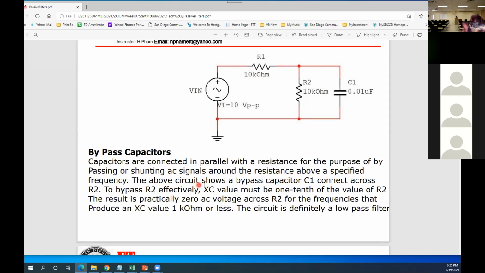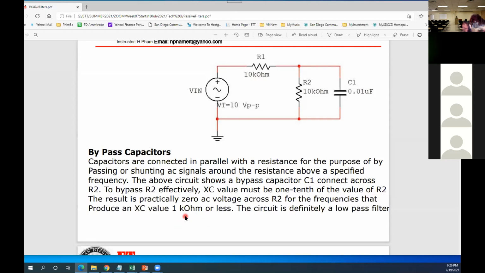The above circuit shows a bypass capacitor C1 connected across R2 to bypass R2 effectively. That means the capacitor reactance value must be 1/10 of the value of R2.